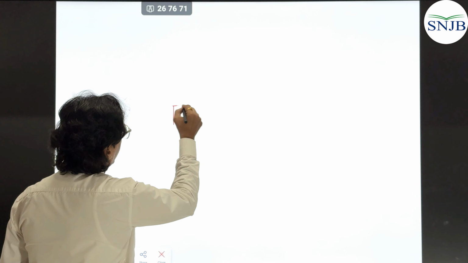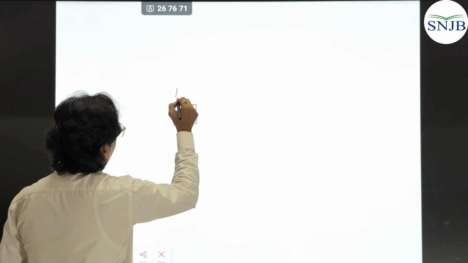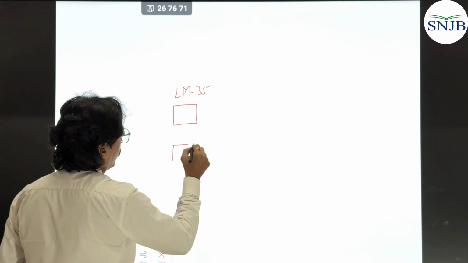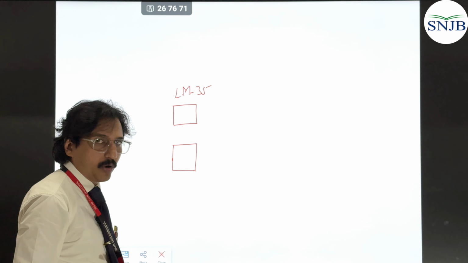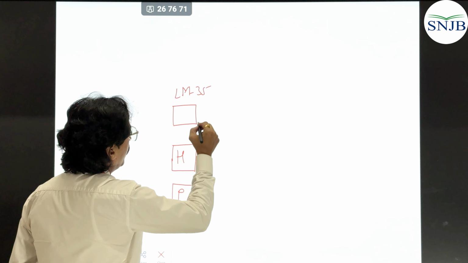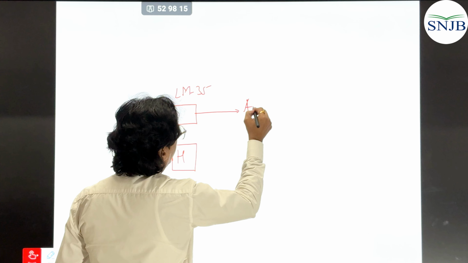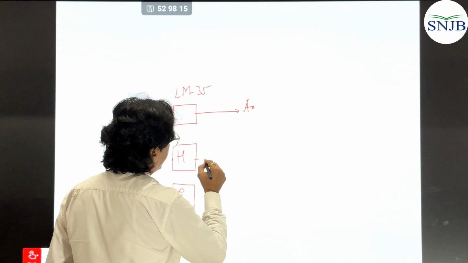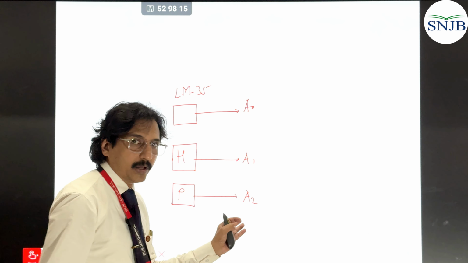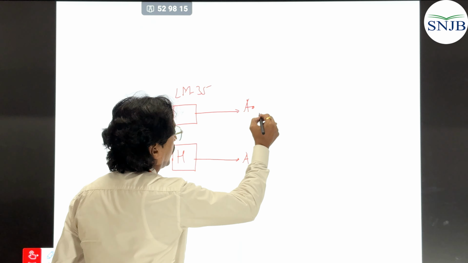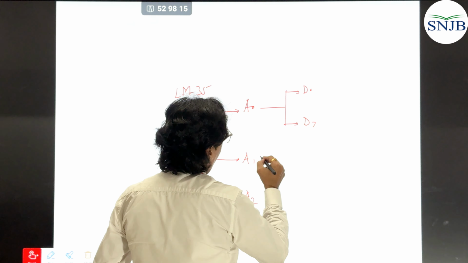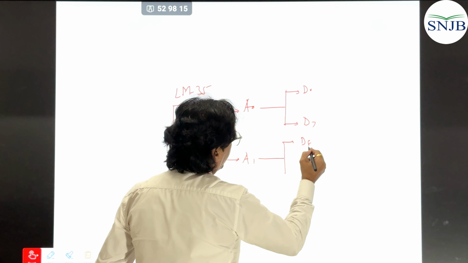If we have an LM35, which is a temperature sensor, a humidity sensor such as a hygrometer, or a pressure sensor, then they can be connected to the analog inputs. This can be connected to another analog input, and they can be converted using the analog to digital converter into the 8-bit digital form.